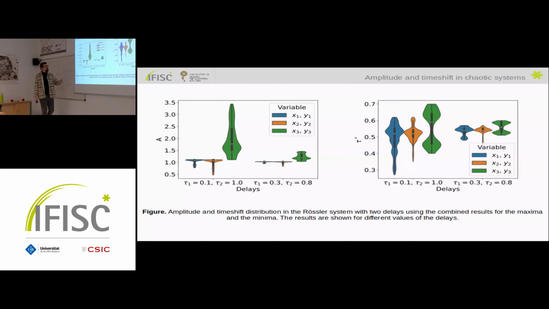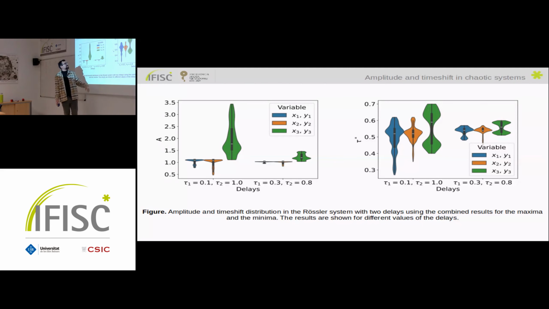And then I also did this plot because I wanted to mention that if we now take the two delays to be closer to each other, all the variations are much smaller. And this is an expected result because as we get the delays closer and closer, what we expect is to recover the results for a single delay. So we can say this about the amplitude, and we can also look at the results for the time shift.